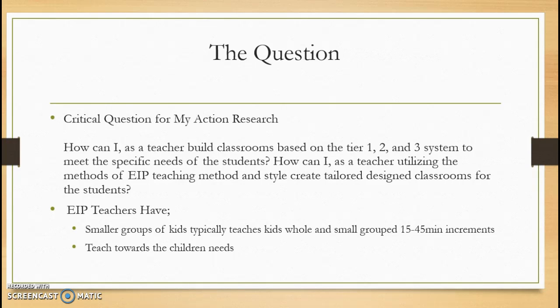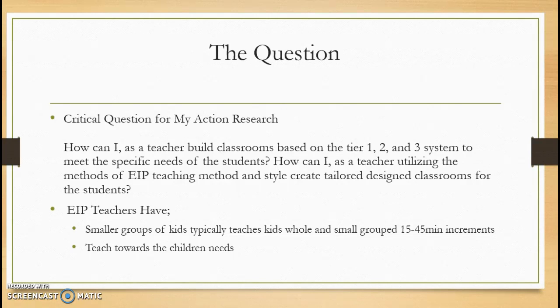If you are wondering what EIP teachers do inside their classrooms, they are able to have smaller classroom sizes, from sizes of 8 students to 14 students if there is a paraprofessional inside of their kindergarten class, and they specifically teach towards the children's need.